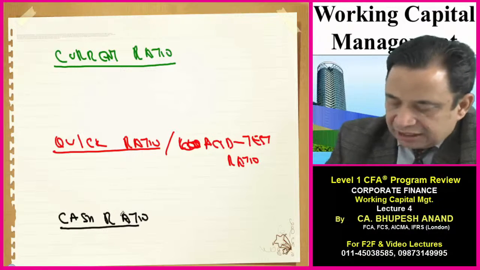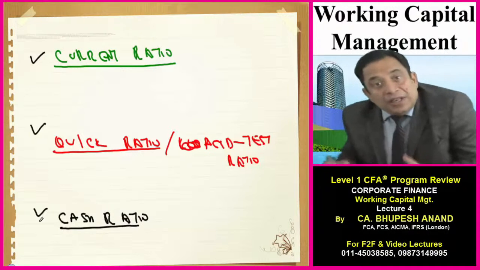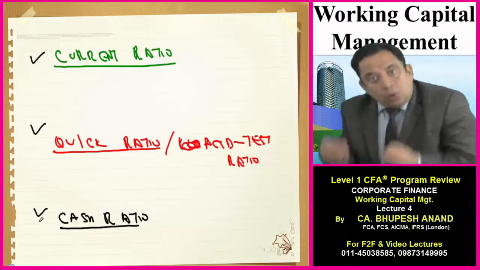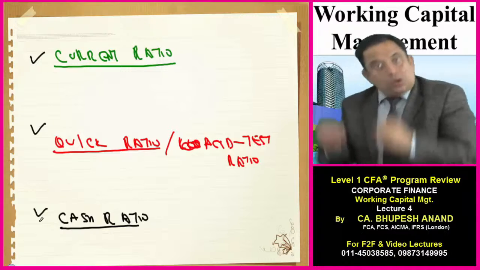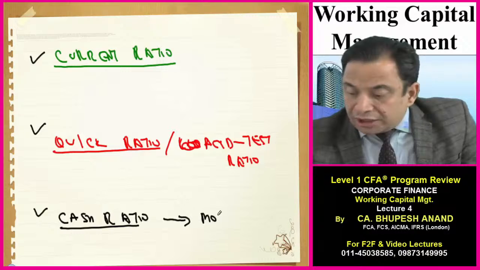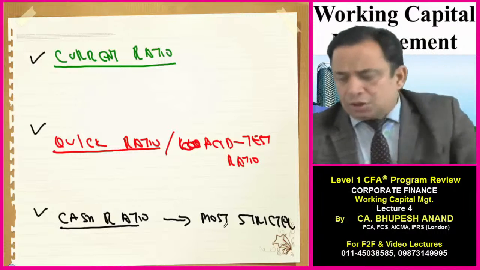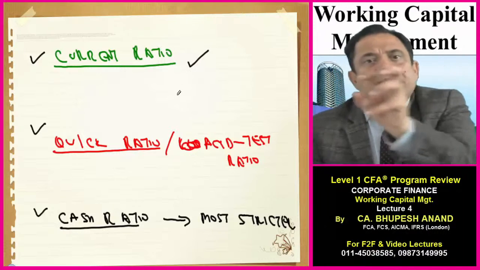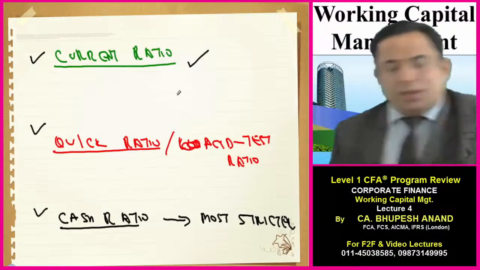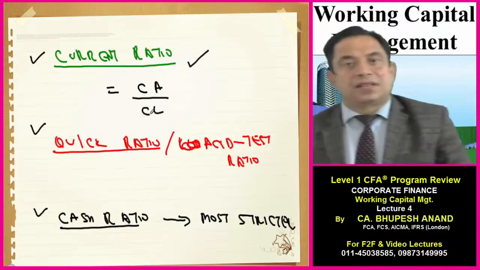So these are the 3 ratios we will be dealing with: current ratio, quick ratio or acid test ratio, and cash ratio. Mind it, the cash ratio is the strictest, very strict ratio, and one of the looser ratios is the current ratio. We have to use different formulas and find out the relationship. So current ratio is current assets upon current liabilities.